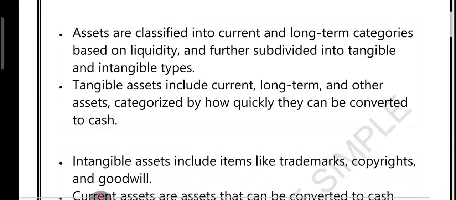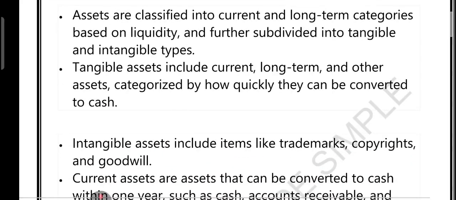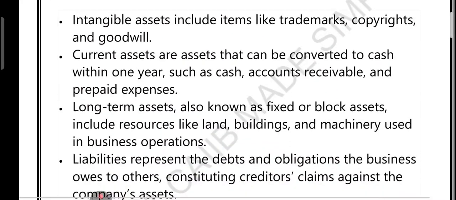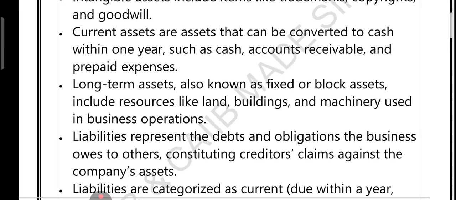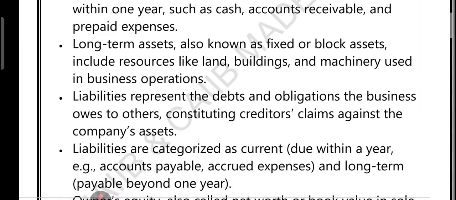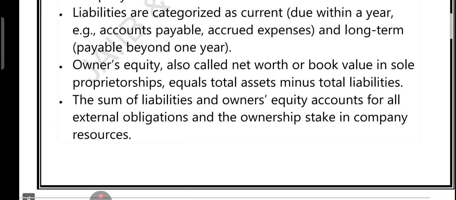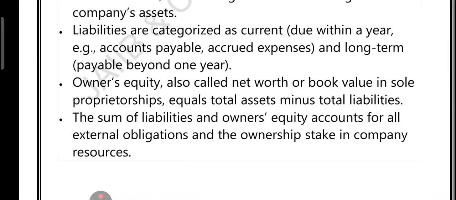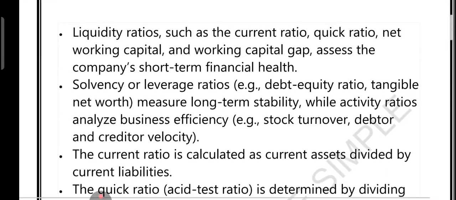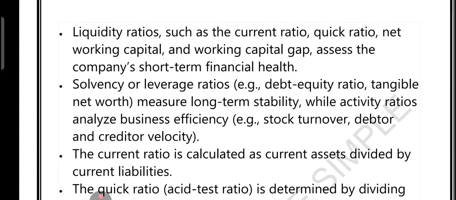It is also called net worth or book value and shows what the owner truly owns. There is one more equation: asset is equal to liability plus owner's equity. This equation shows how a business is financed through debt or through ownership.